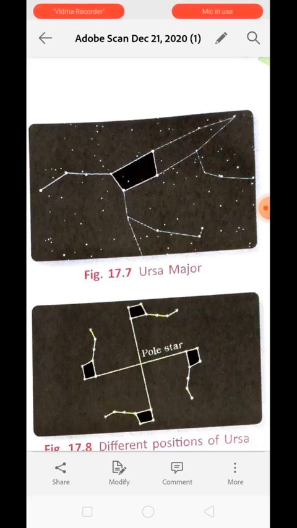Similarly, some constellations located in the northern hemisphere like Ursa Major may not be visible from some locations in the southern hemisphere. In the same manner we cannot see constellations visible from the southern hemisphere in the northern hemisphere.